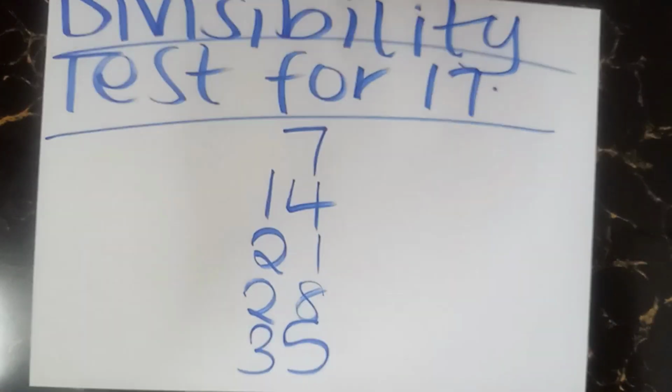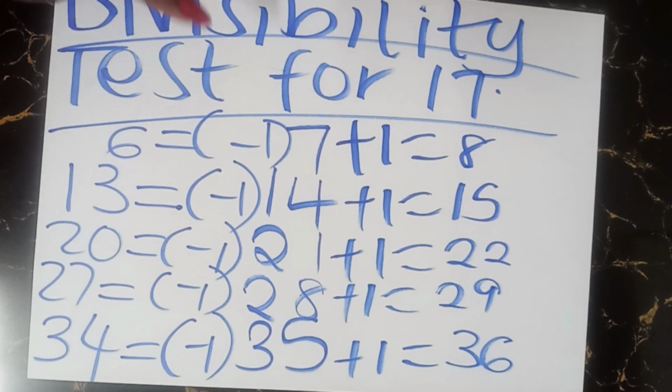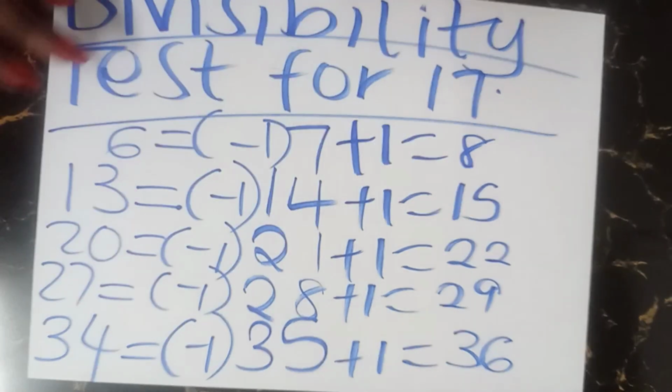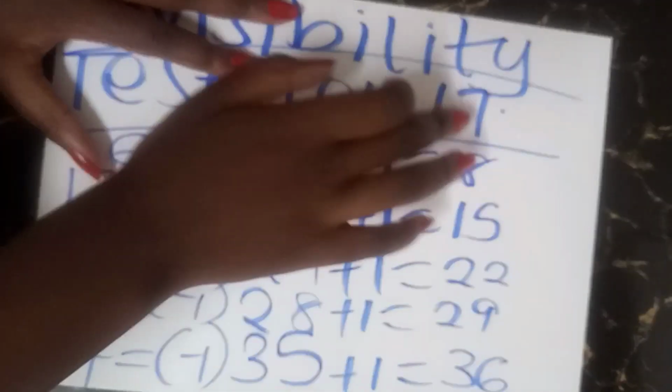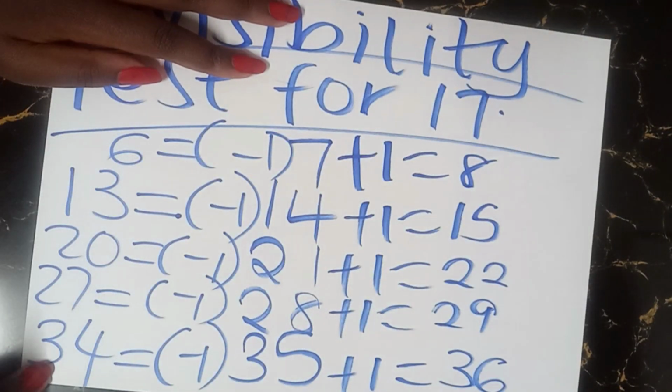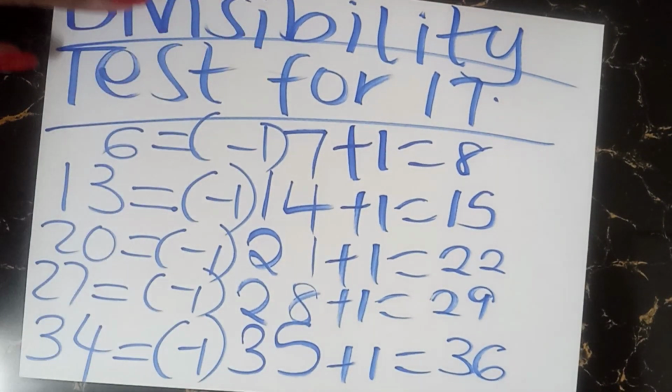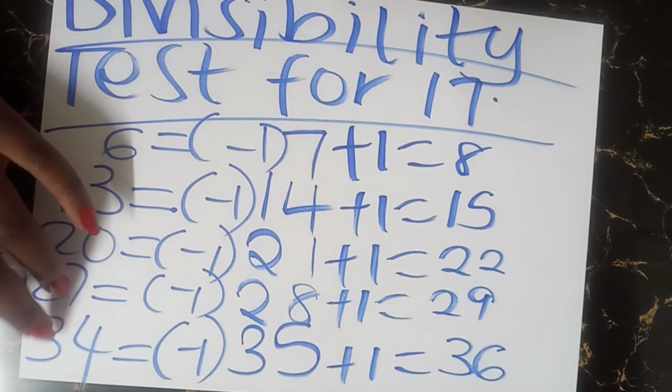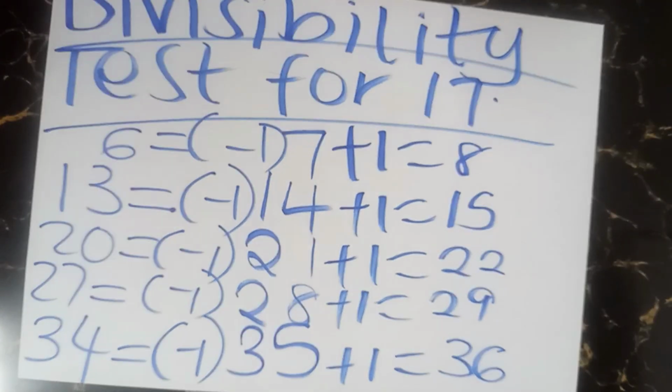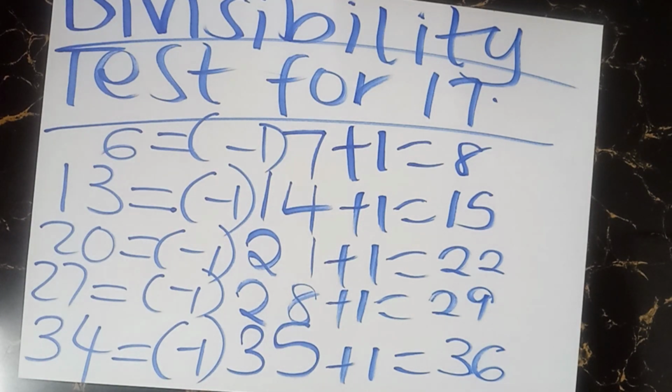When we add 1, we get these numbers. When we subtract 1, we get these numbers. And 34 is a multiple of 17, and we've gotten that by subtracting 1 from 35.